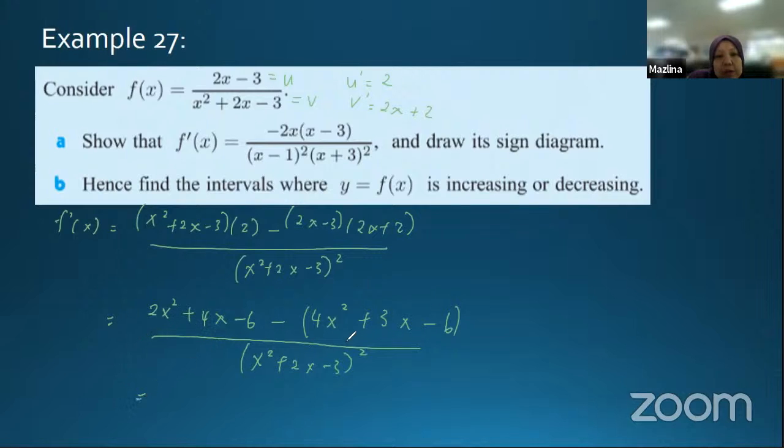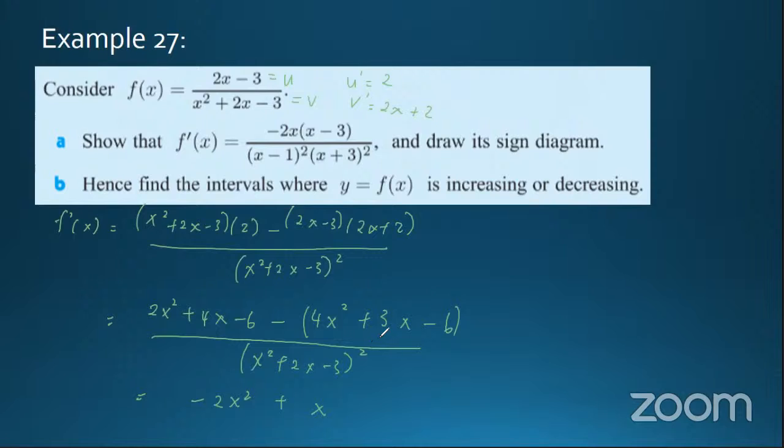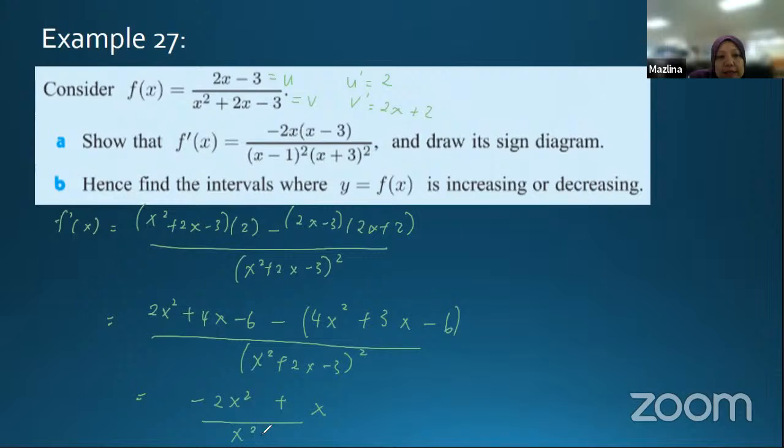And then you get what? This is 2x squared minus 4x squared, you get negative 2x squared. And then negative 4x minus 3x, and this is 4x, 4x minus 3x, plus x, right? Negative 6 plus 6, teacher, is 0. Okay.